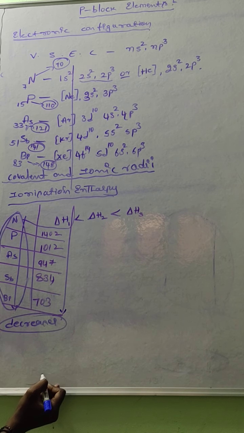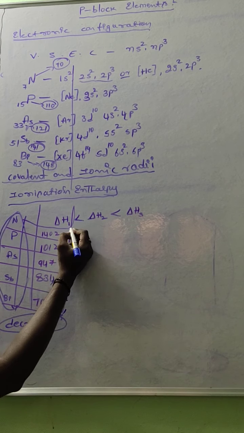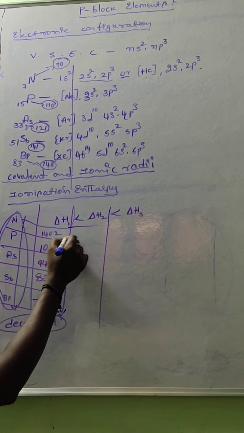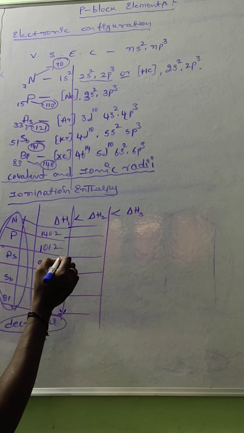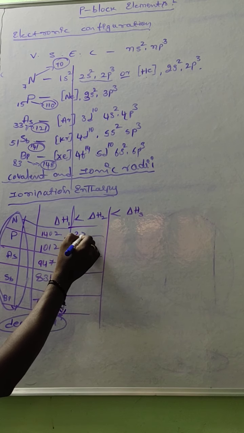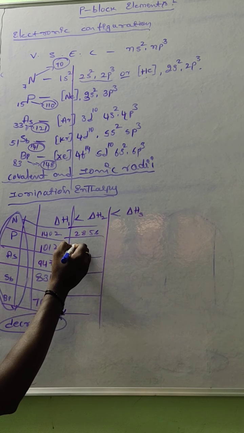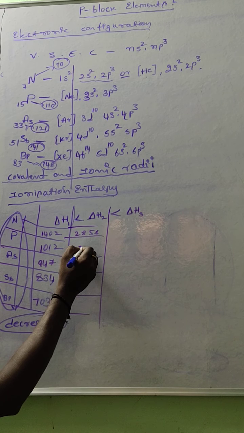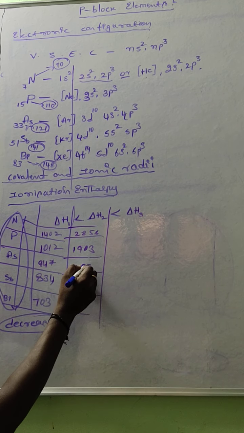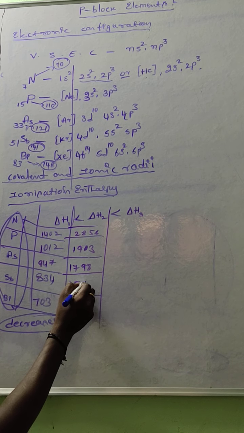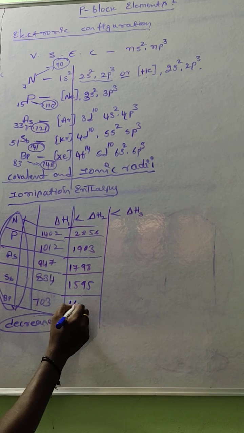We know that concept. Now the second ionization enthalpy of nitrogen, and the third and fourth ionization enthalpies. The second ionization enthalpy of nitrogen is 2856, and for the other elements 1903, 1798, 1595, and 1610.